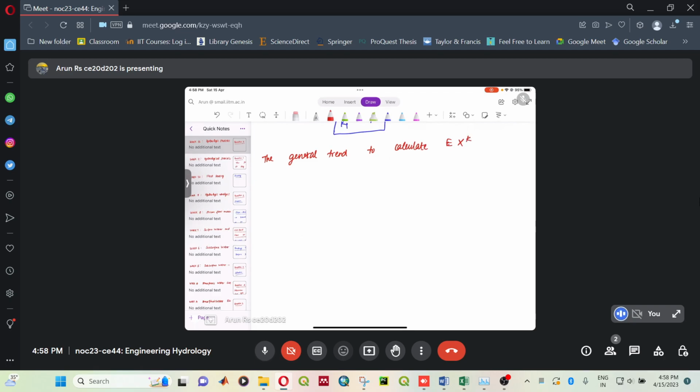E of x power k for the exponential distribution.